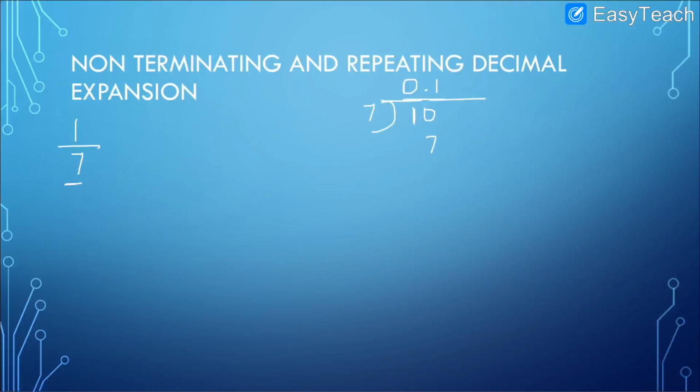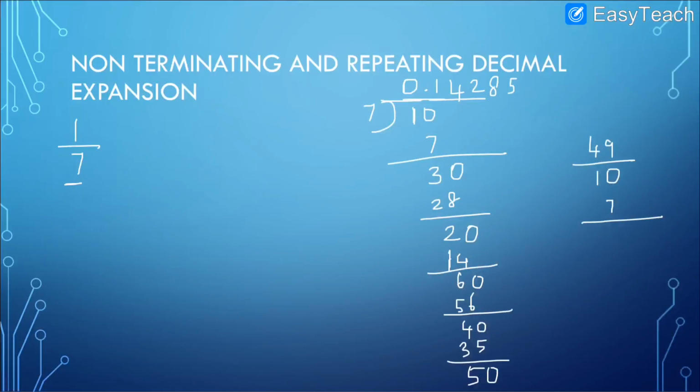1 7, I hope you all know this part very well. 3 remaining, so again I add 0, and 4 7s are 28. Here I have 2 remainder, again I add 0, and 2 7s are 14. Here I have 6 remainder, I add 0 again, and 8. Look at this point, here I have 3 again, exactly like the first 3.